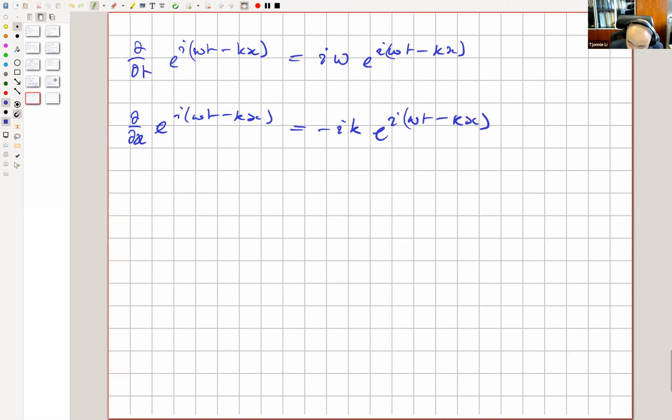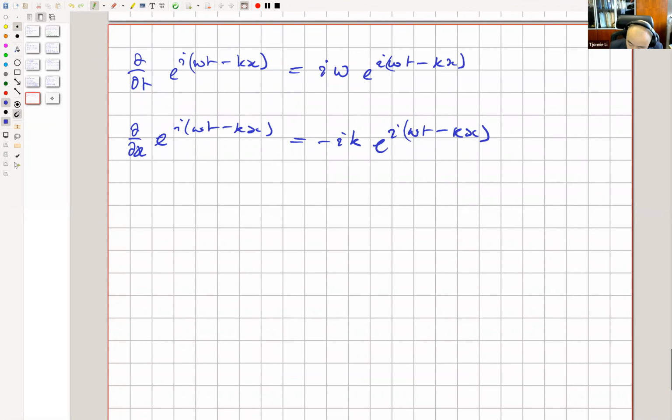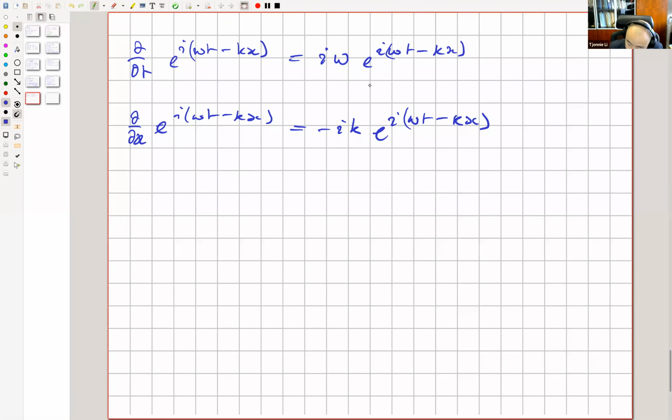And so going back to this equation here, if I put this ansatz in here, I can now take the second derivative of u with respect to x and the second derivative with respect to t. So I would get these solutions, this one and this one, but just again getting one more factor out.